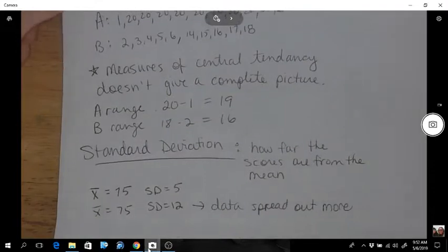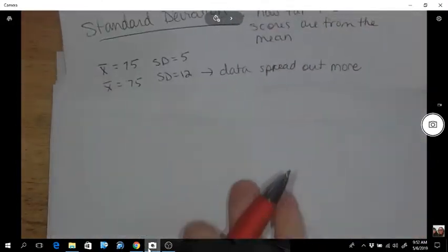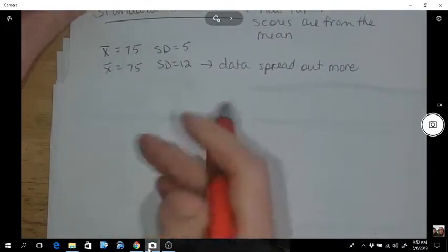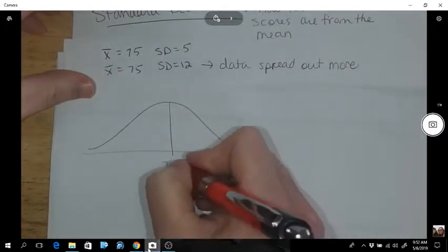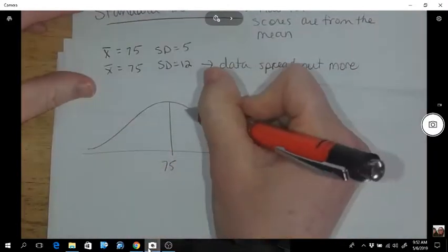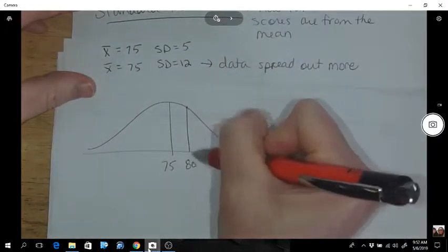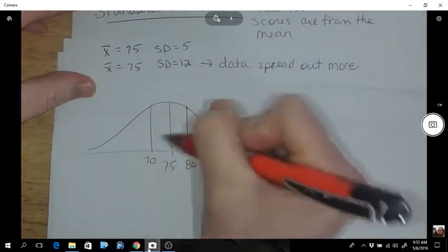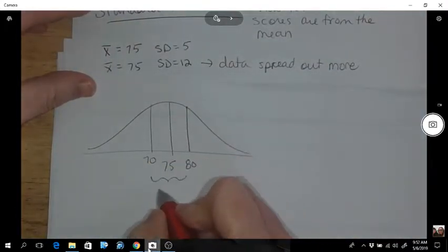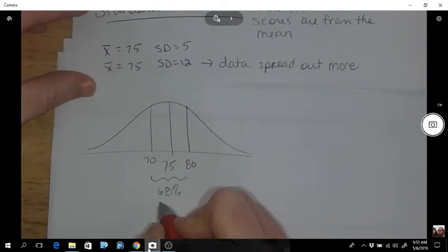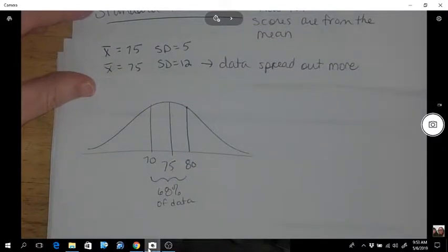So what does that look like? I'm going to use those exact same numbers. If I have a mean of 75, one standard deviation away would be 80 on that side and 70 on that side. That means 68% of the data falls between 70 and 80.